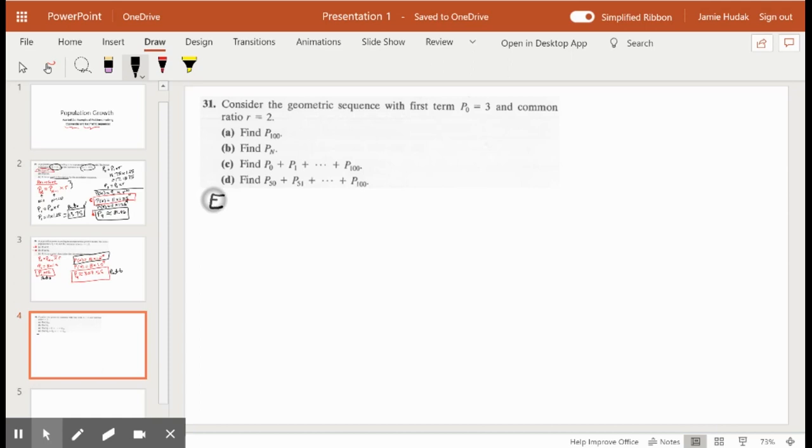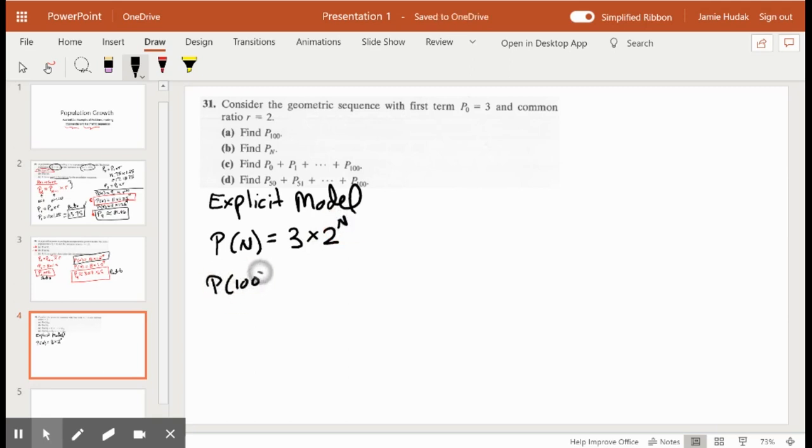Remember, the explicit model is a function. So we write it as P as a function of n is equal to our initial term 3 times the common ratio 2 raised to the nth power. And to find P100, we're going to evaluate 3 times 2 to the 100th power.